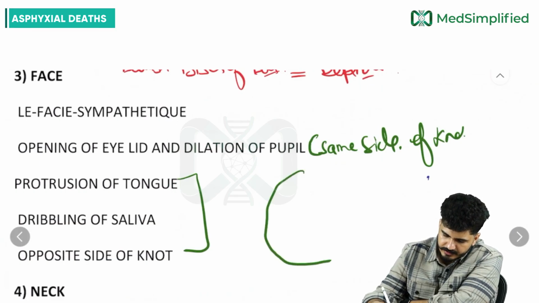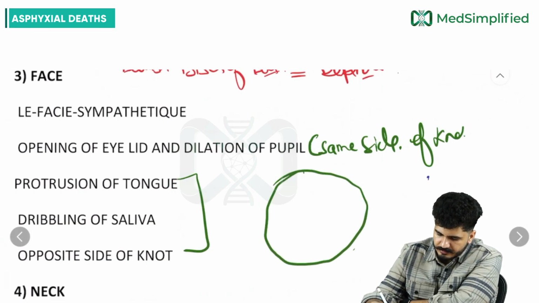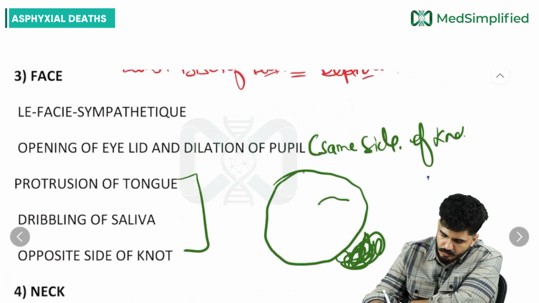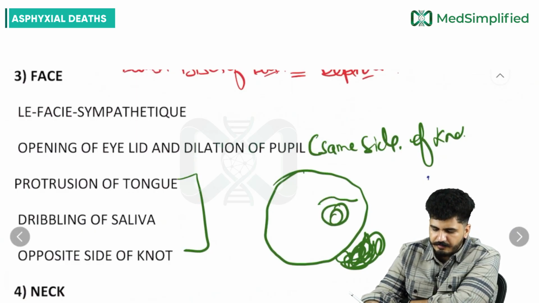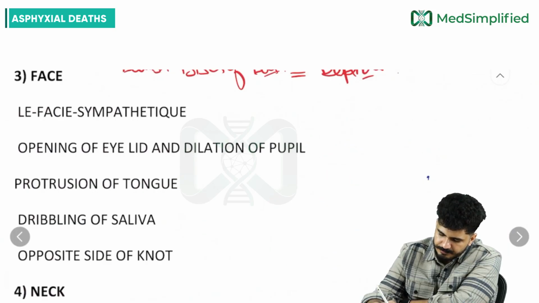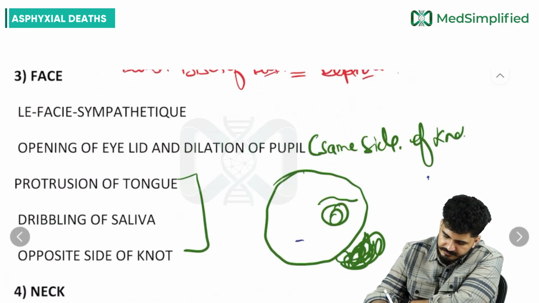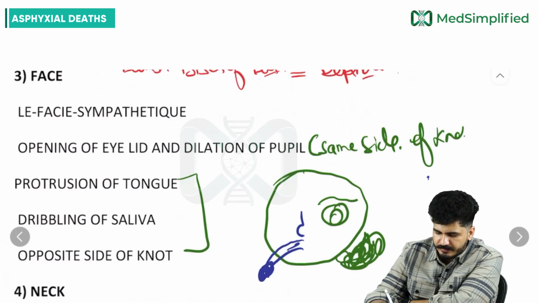If I draw right here, if this is a knot, you will see opening of the eyelid with dilated pupil on the same side, plus dribbling of saliva and protrusion of tongue on the opposite side. Now you can understand better.